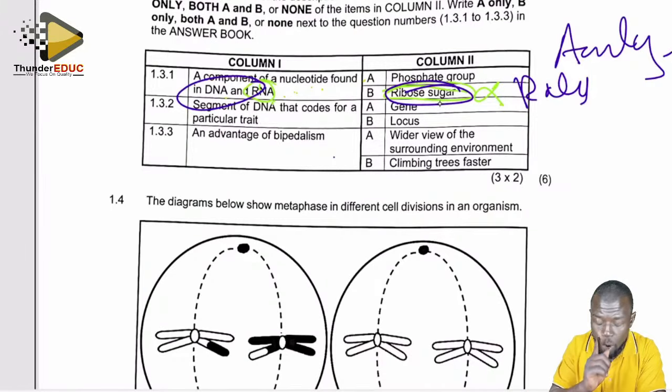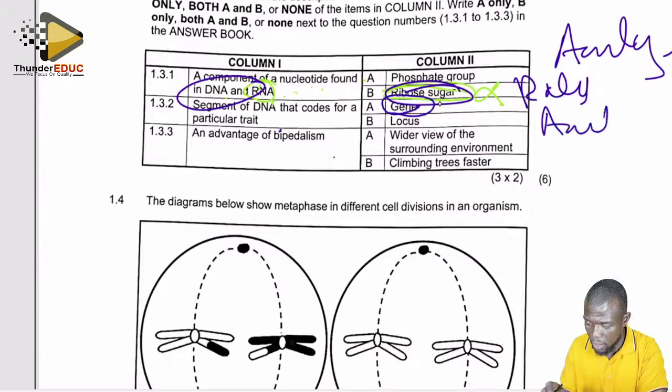They're saying segment of DNA that codes for a particular trait. This one is the segment of DNA that controls a particular trait. So we call it a gene. It's A only. Advantage of bipedalism: wider view of the surrounding, climbing trees. A only.